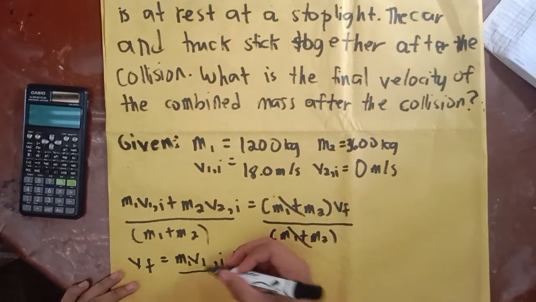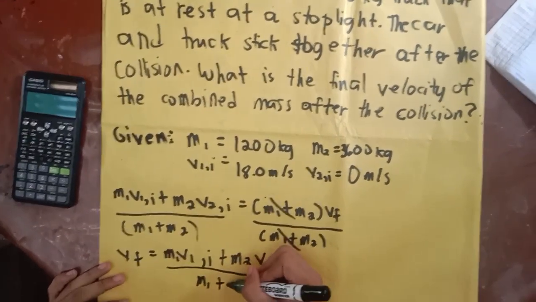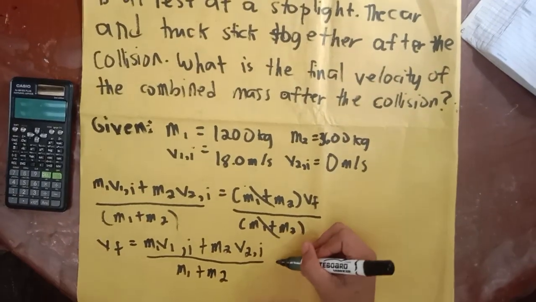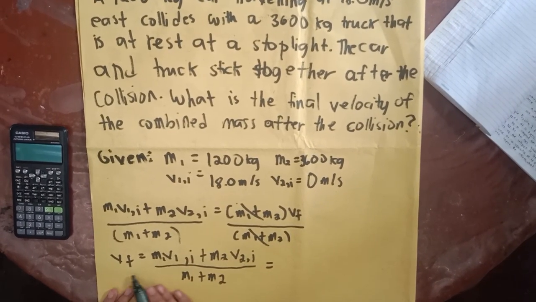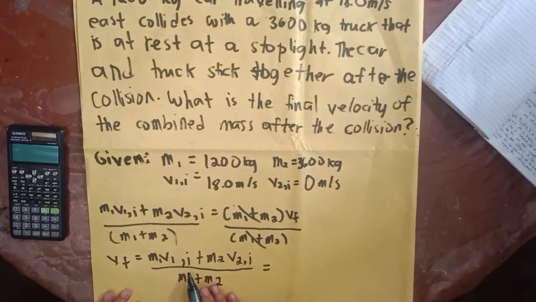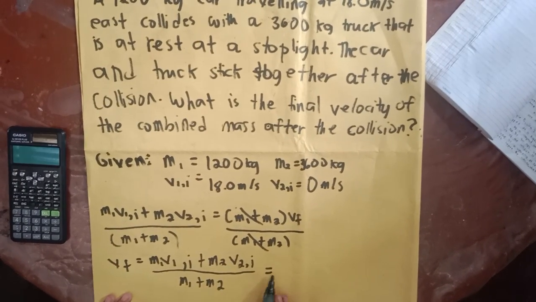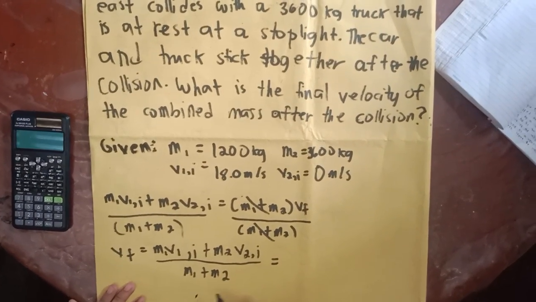So now this is our final formula for this problem. VF is equal to M1 V1I plus M2 V2I over M1 plus M2.